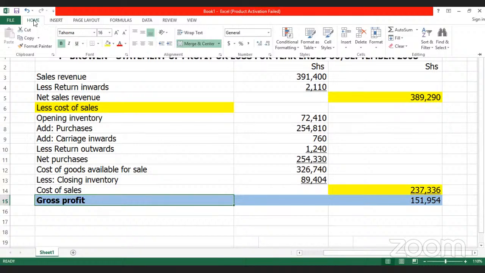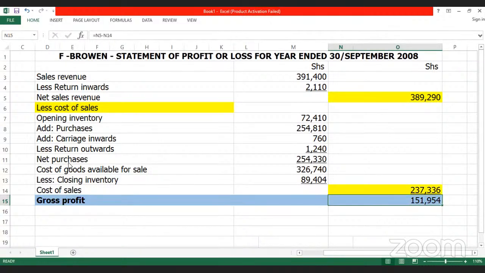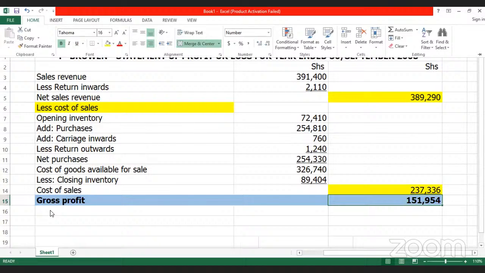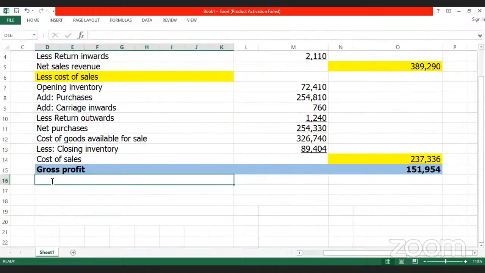So I'll just go straight to the expenses. We have less the operating expenses. These operating expenses, we have them. We are going to list them one by one.